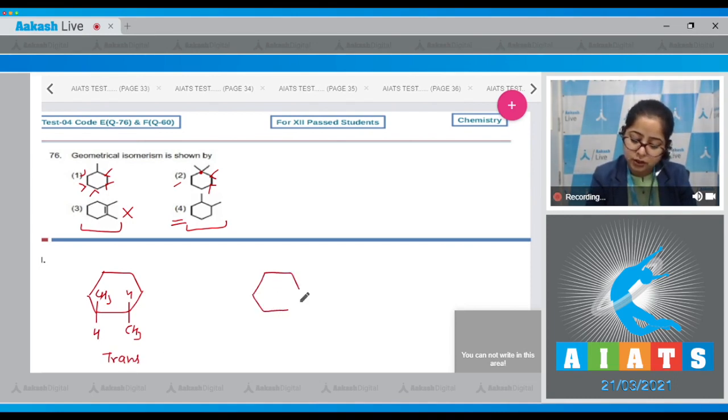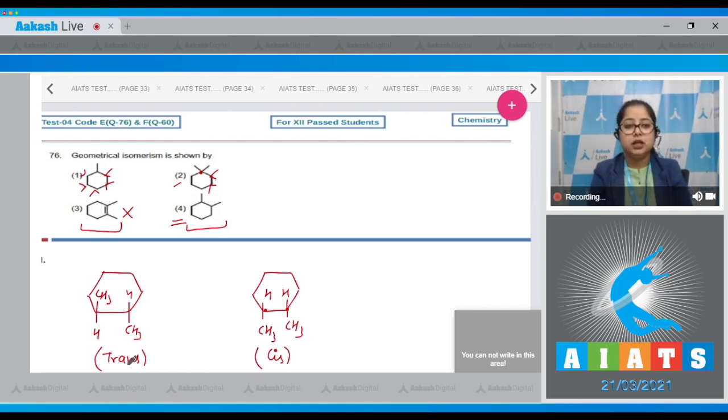And if these two methyl groups on these two carbon atoms are on the same side, then this is called the cis isomer. Therefore, it is very clear that among the given options, only option number 4 will show geometrical isomerism. So, the correct answer is option number 4.